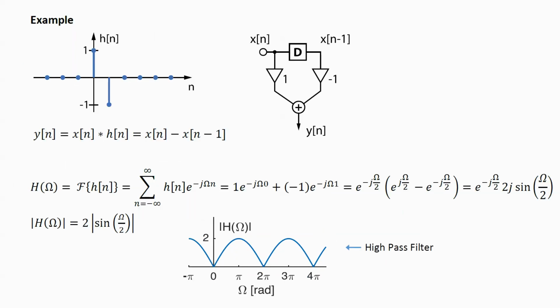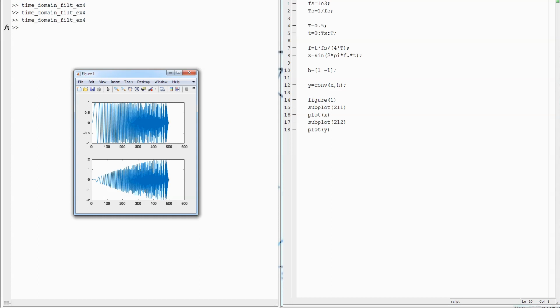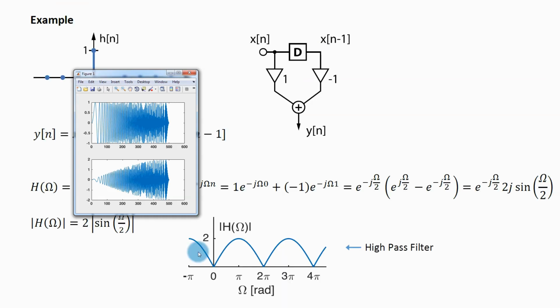Now there is one more thing to look at. This is the example that I have done at the end of the lecture. So here we have another computation for a different filter with this impulse response. And for this impulse response, we have found that this is actually a high-pass filter. So let's get into MATLAB and let's try it out. Now I will change my impulse response to this one, and I will run the code, and this is the result.